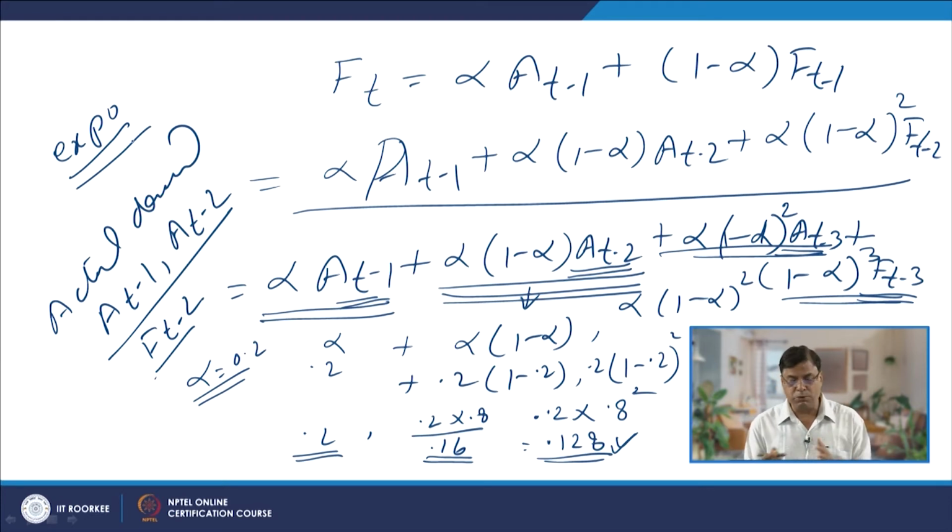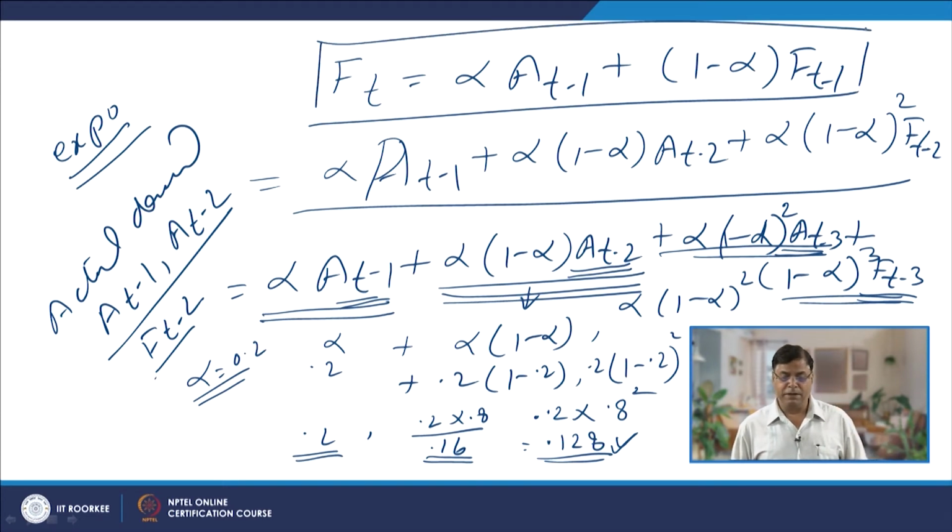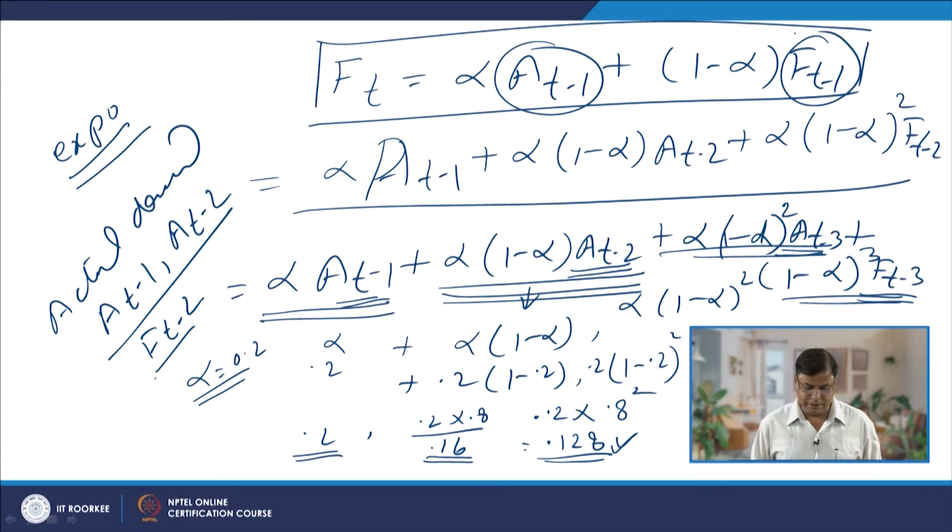In simple smoothing, we consider just one period's demand and forecast data: F_t equals alpha into A_(t-1), the most recent period's actual demand, plus (1 minus alpha) F_(t-1), the most recent period's forecast, and alpha is the coefficient.